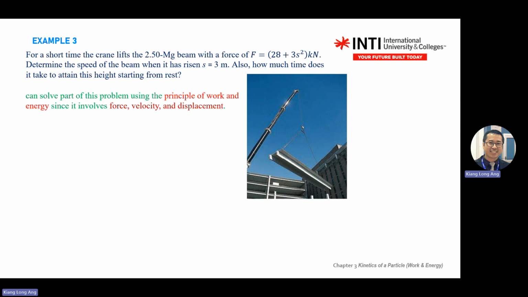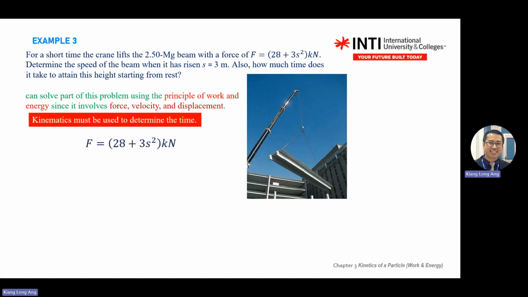So you want to find the final v, where this kinetic energy comes in, right? Then what else? We have the force. So you draw the free body diagram, right? So the free body diagram is what?